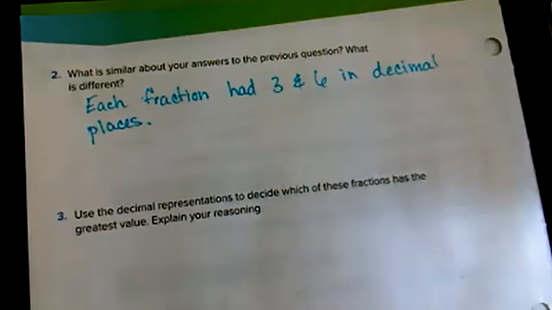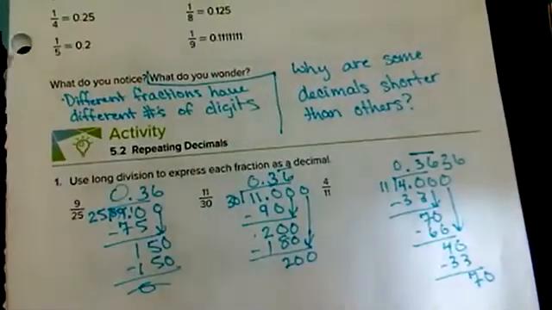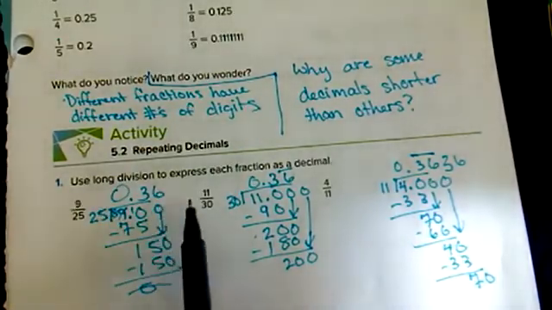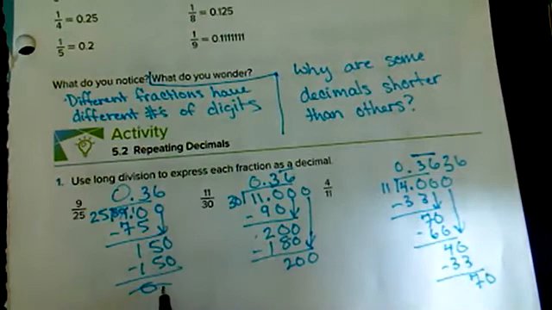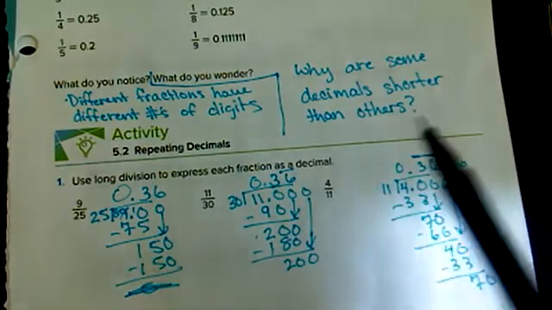Now, what you could have noticed that could have been different is that 9/25 is the only one that doesn't have a repeating decimal. It had an end. It had a stop to it. Whereas the other ones had a repetition that would keep going and going and going.